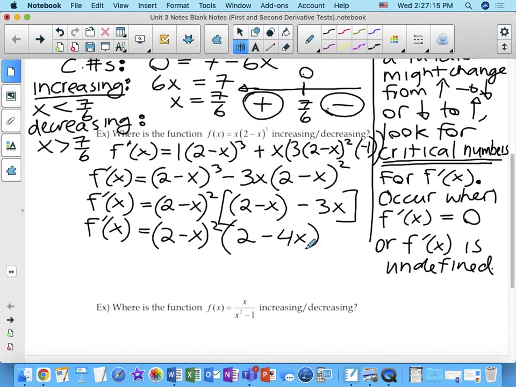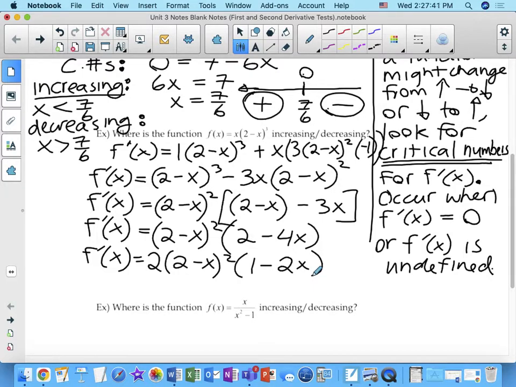And then this has a GCF of 2, so I'll take that out. And all together, I'm going to have 2 times 2 minus x squared times 1 minus 2x. Okay, and that is my derivative factored.